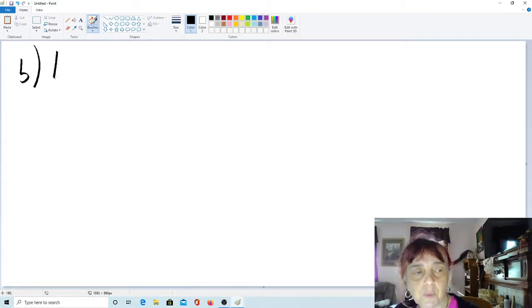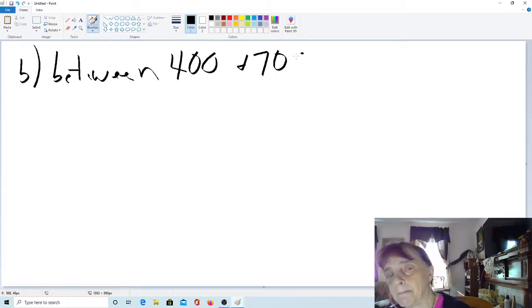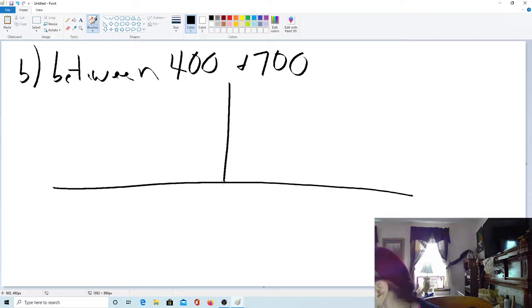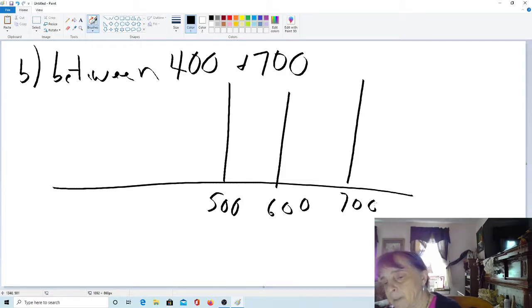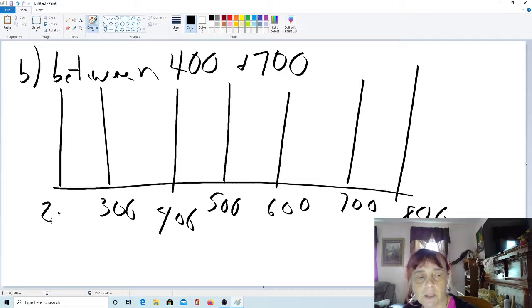What about between 400 and 700? Okay, the mean is 500. The standard deviation is 100, so you have 600, 700, 800, and then below the mean, 400, 300, 200.